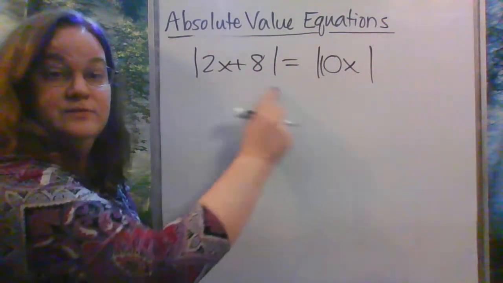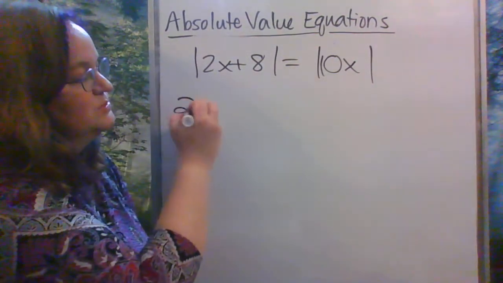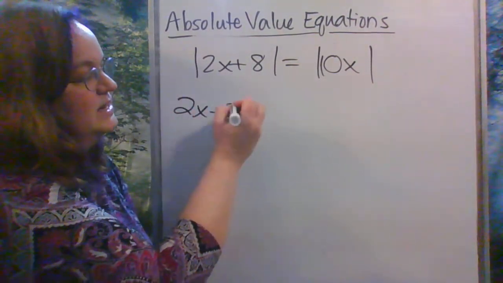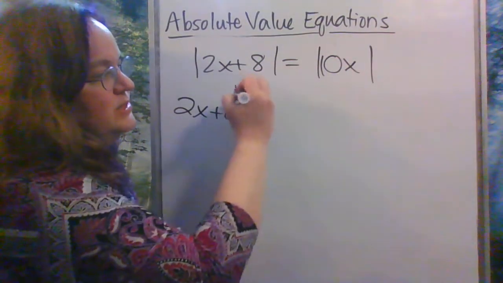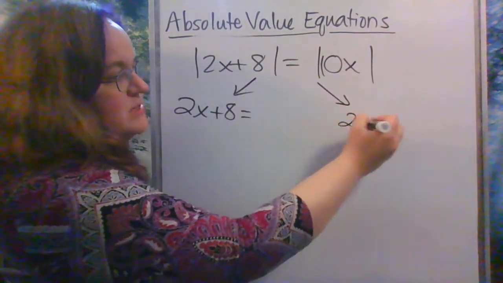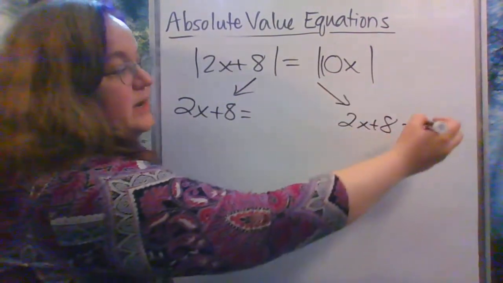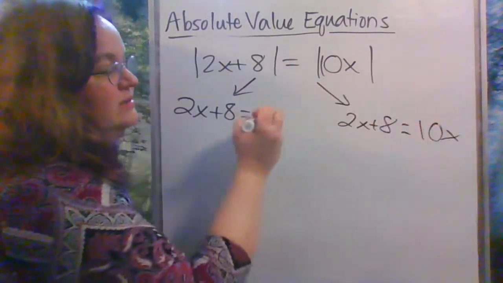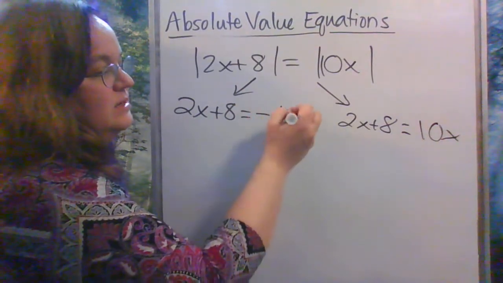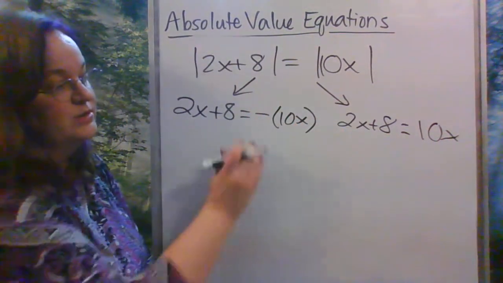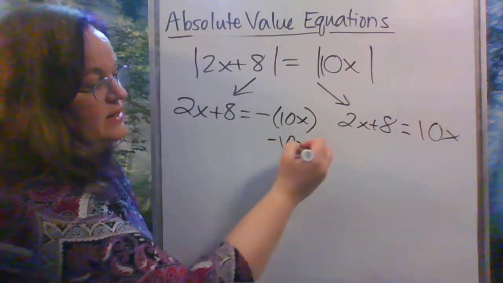So this first one, we're going to leave as is. We're going to leave it as 2x plus 8. And we're going to split it, and we're going to put 2x plus 8 over here. And then this side, we're going to look at the positive value and then the opposite of 10x. So in other words, this is going to be negative 10x.